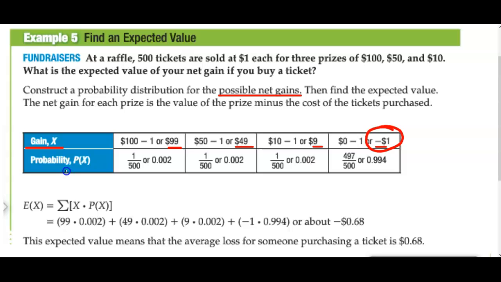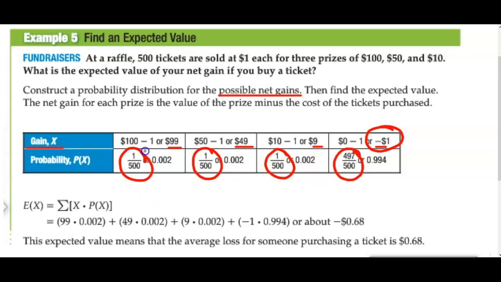Then you multiply by the probability. Now, we're not going to worry about whether they drew the tickets one after the other. It's just a simple probability. There's one ticket out of 500 that wins $100, 1 out of 500 that wins 50, 1 out of 500 that wins 10, and 497 are losers.